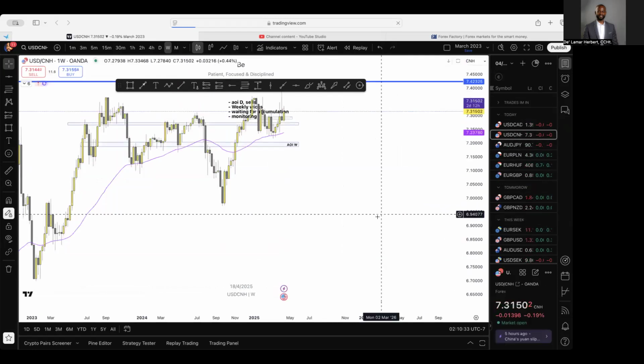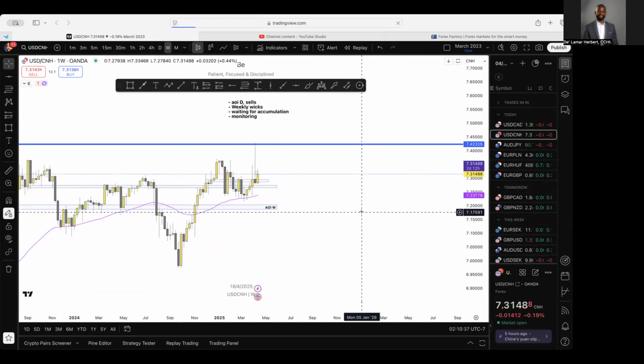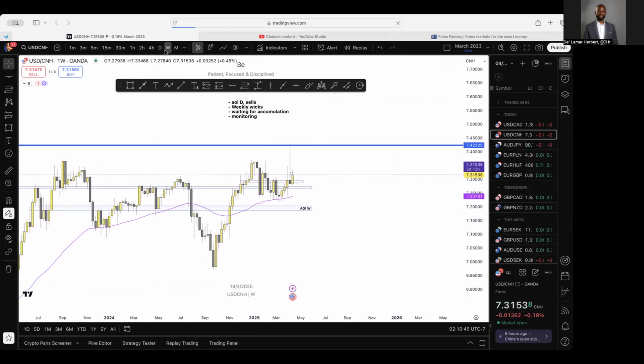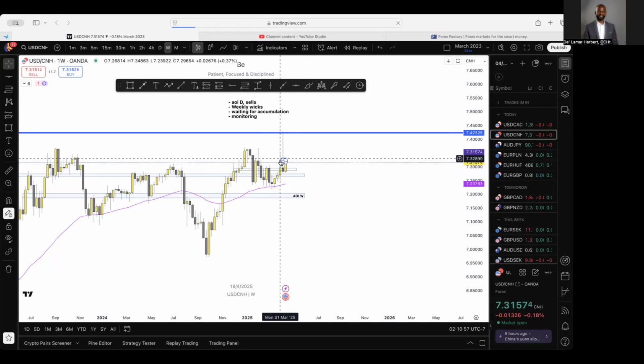Okay, last but not least, we have USD CNH. Oh, okay, we got weekly wicks here too. I was confused. I see weekly wicks here. But you know what? This is good because I'm actually looking for sales. If I was looking for buys, then it probably wouldn't be good having these wicks here.